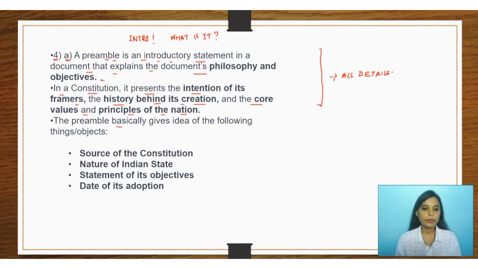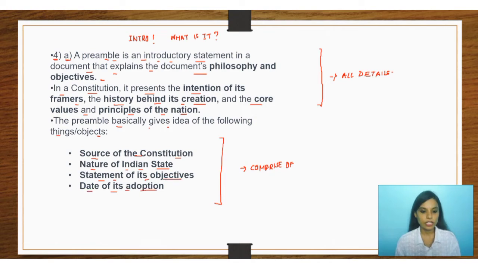The preamble basically gives an idea of the following things. Now you talk about what it comprises of: source of the Constitution, nature of the Indian state, statement of its objectives, and date of its adoption.